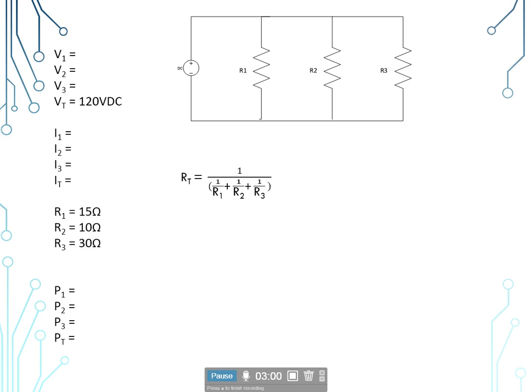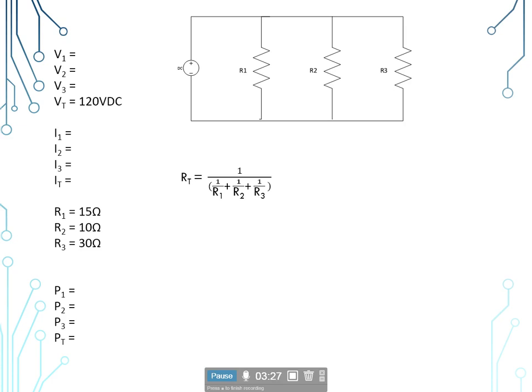It doesn't care how many branches you have, you can do it in one calculation, and it is also fully backwards compatible to use on resistors of equal value. So R sub t would be equal to 1 divided by, open your parenthesis, 1 divided by R sub 1 plus 1 divided by R sub 2 plus 1 divided by R sub 3, and close your parenthesis.